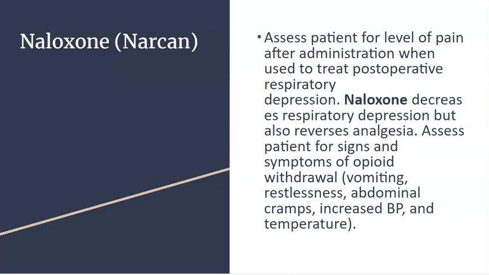So your patient might wake up with pain if we give Narcan. Assess the patient for signs and symptoms of opioid withdrawal, because that might start occurring if that reversal agent is still in the system. Some of the symptoms are vomiting, restlessness, abdominal cramps, increased BP, and temperature.